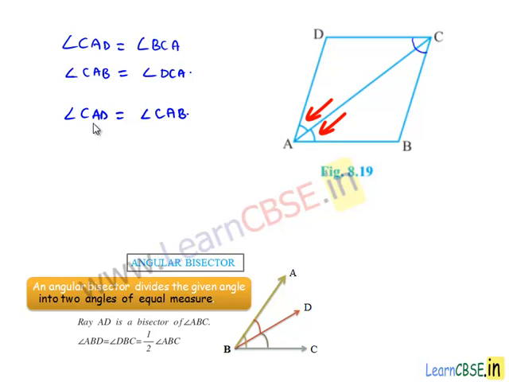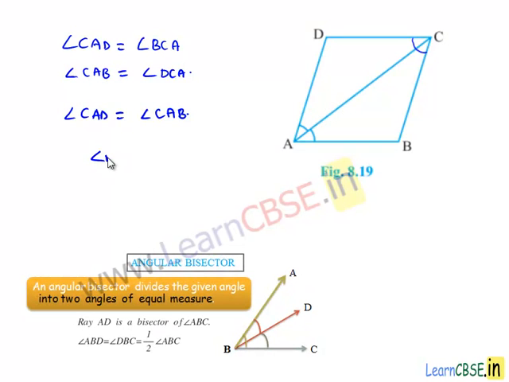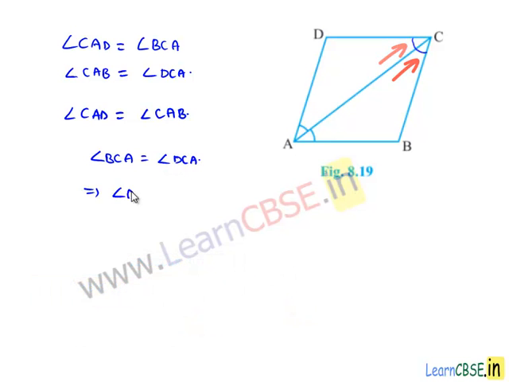So as we know that CAD is equal to CAB, we can equate angle BCA is equal to angle DCA, which can be written as angle ACB is equal to angle ACD. So here angle C is divided by AC equally. So we can say that AC bisects angle C. This is what our first proof required.